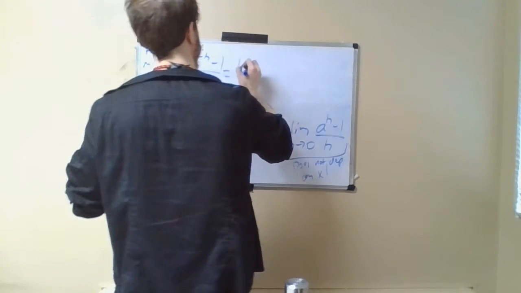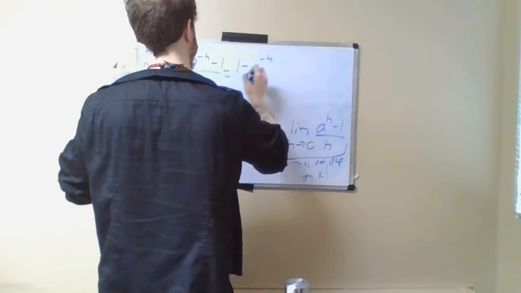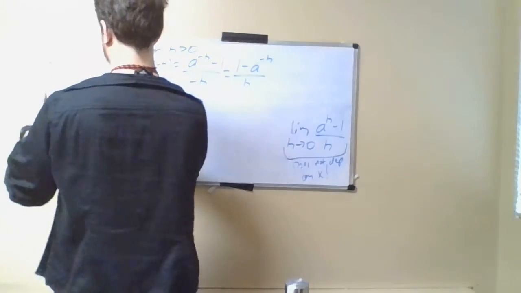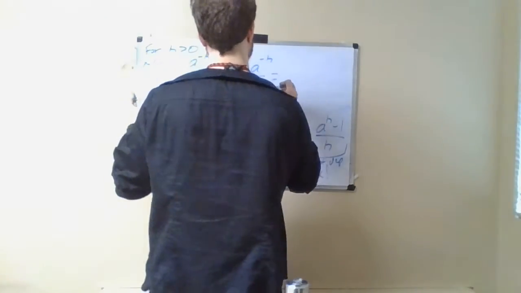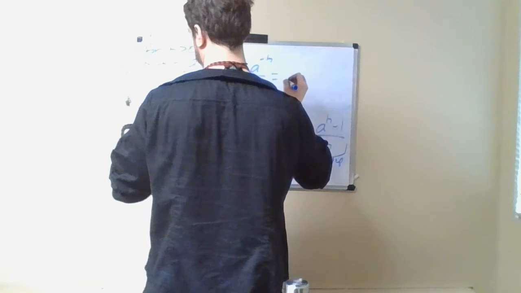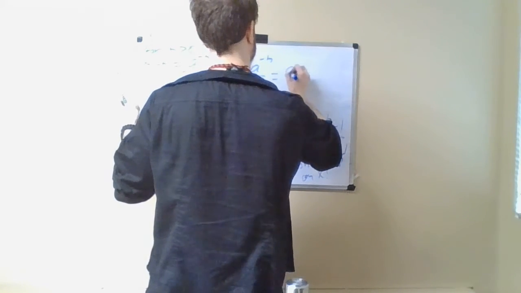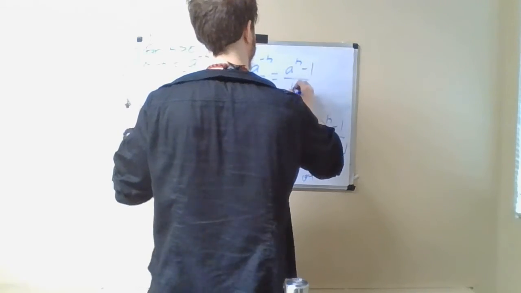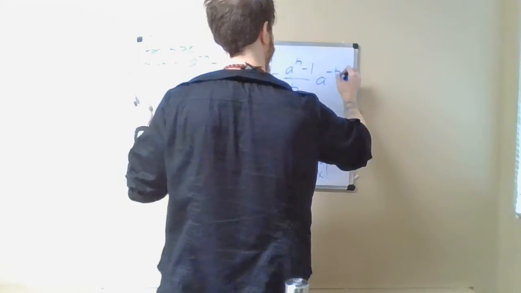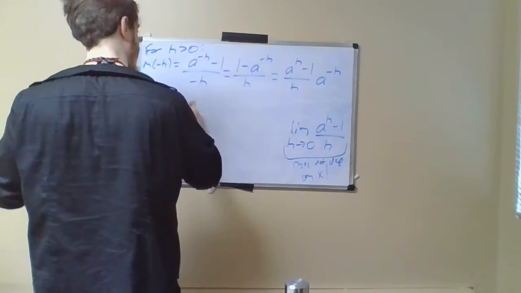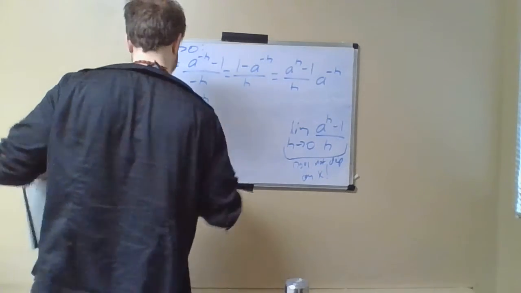But this is actually 1 minus a to the minus h divided by h, which is equal to a to the h minus 1 over h times a to the minus h, which is m of h a to the minus h. There we go.